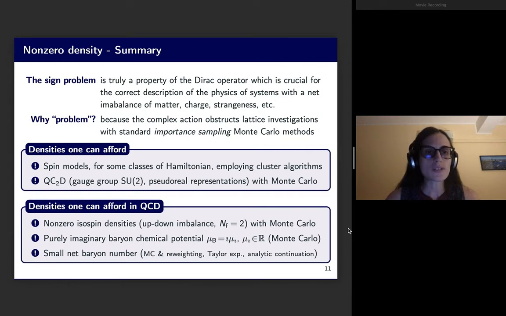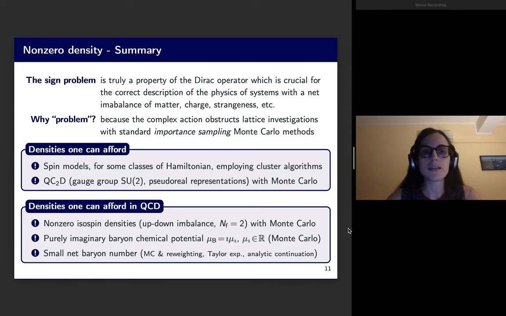And there are also densities that one can afford in QCD, so really in QCD rather than two-color or spin models. And these, which were mentioned in the course of the video, are non-zero isospin densities, where you have an imbalance between the densities of up and down quarks in a setup with two degenerate massive fermions that can be simulated, and we will discuss that in a coming video.